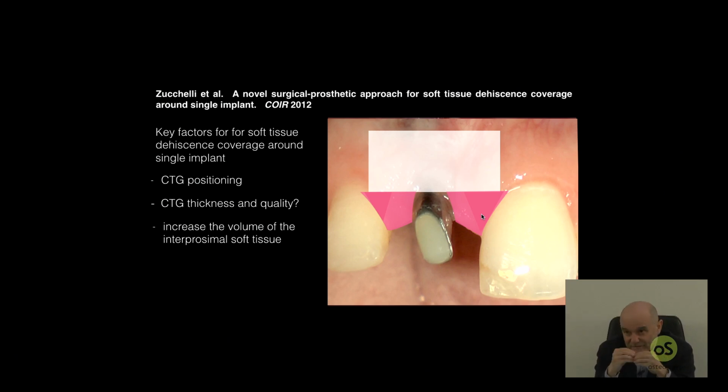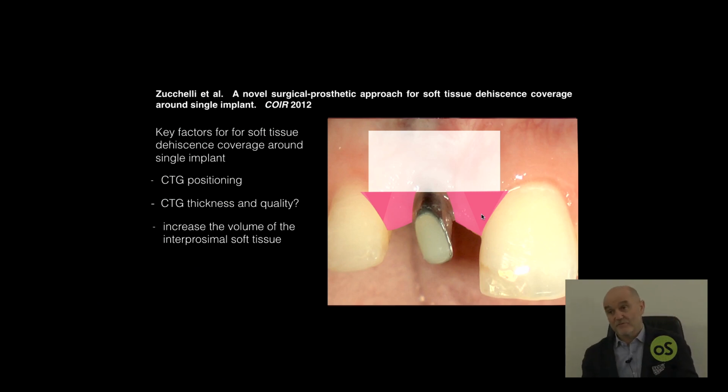So the patient must accept to wear during this period of time, that is never less than 2 months, sometimes 3 months, depends on the quality of the connective tissue, depends on the patient, depends on many, many things that maybe we don't know. How long does it take for the soft tissue to fill the space? But what I can tell you, that it never happened in my clinical case, that this does not occur.